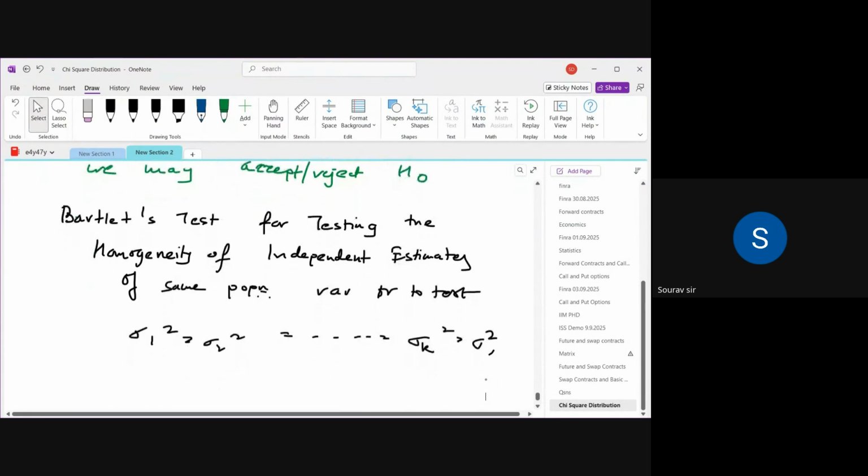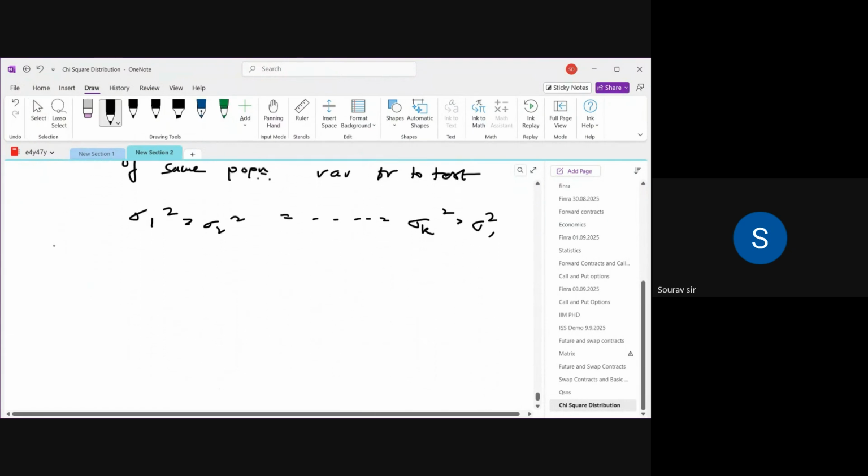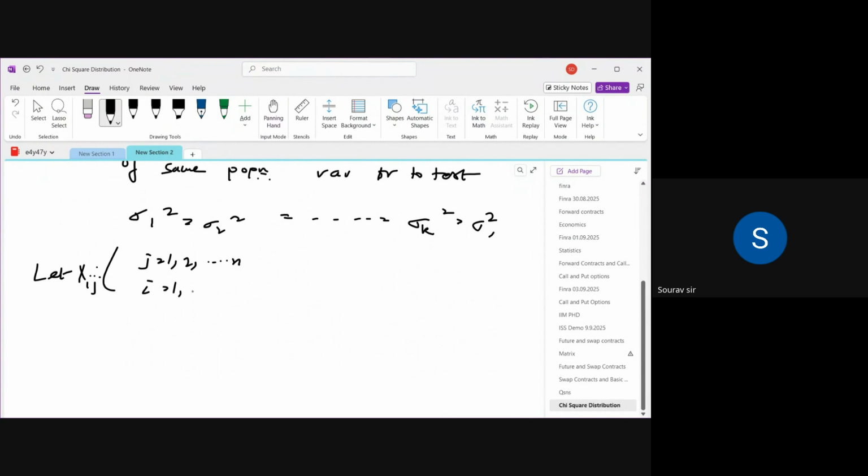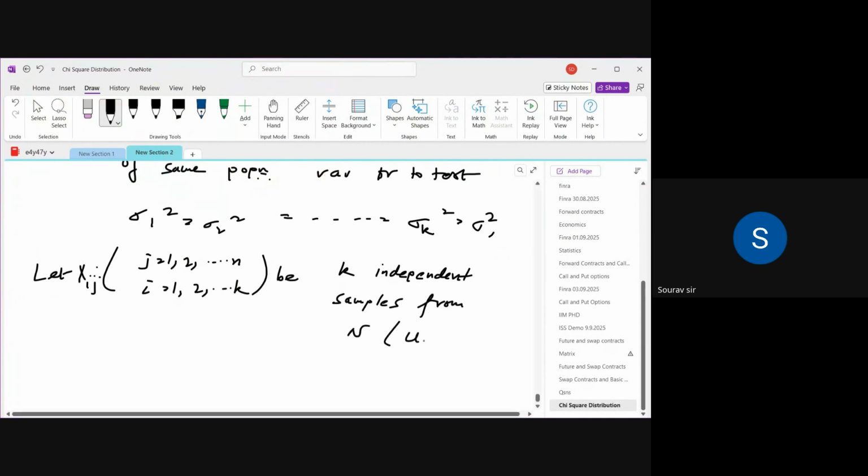So suppose let xij, j equals 1, 2 till ni, and i equals 1, 2 till k, be k independent samples from a population.